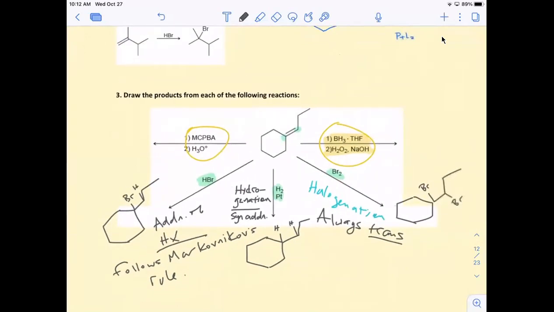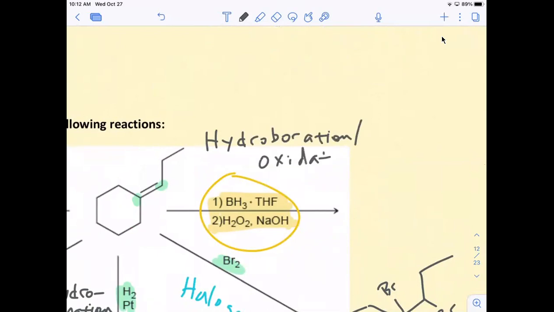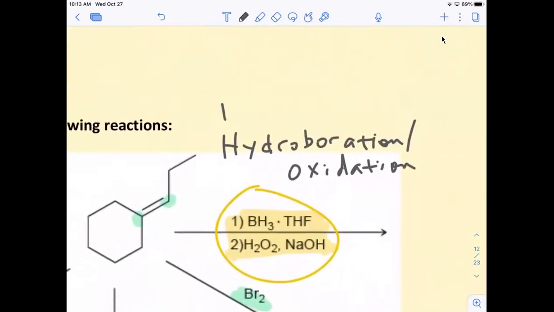All right, so now let's take a look at the hydroboration oxidation. This is a new reaction. For all intents and purposes, it's addition of water.